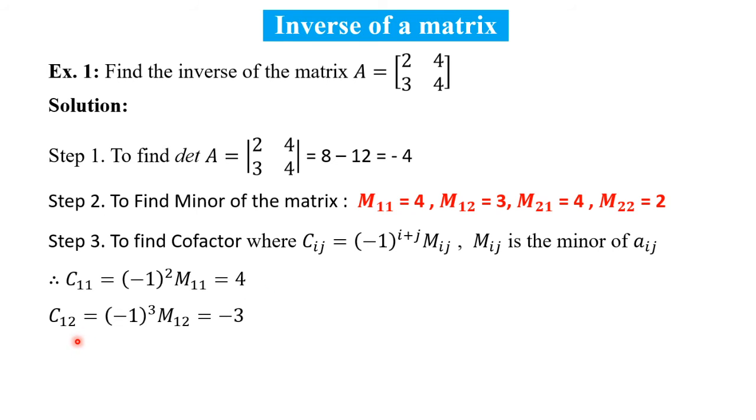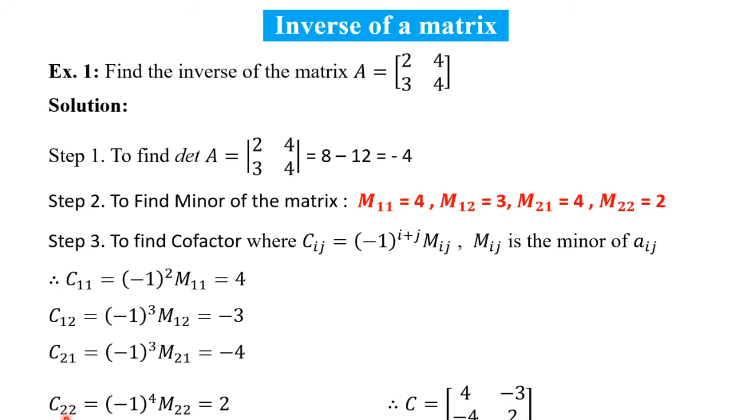Then C12: 1 plus 2 is 3, minus 1 raised to 3 is equal to minus 1, and M12 is equal to 3, so minus 1 into 3 is equal to minus 3. Then C21: 2 plus 1 is equal to 3, minus 1 raised to 3 is equal to minus 1, and the value of M21 is equal to 4, so minus 1 into 4 is equal to minus 4.